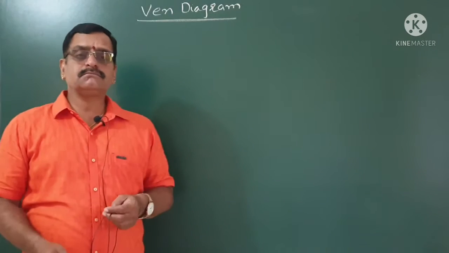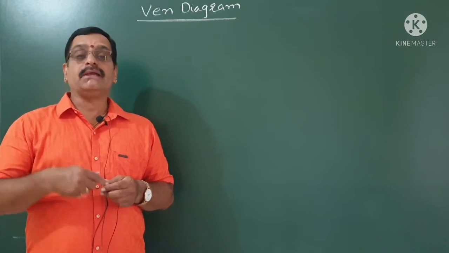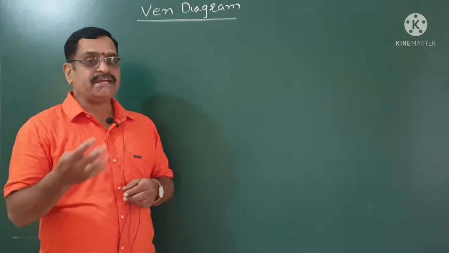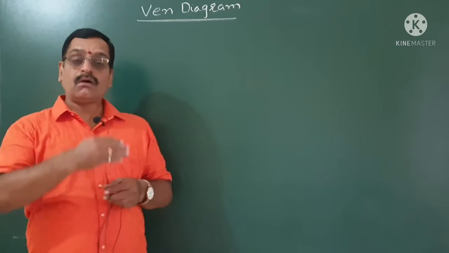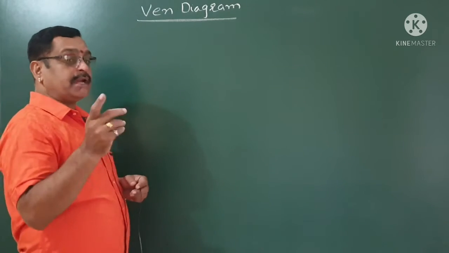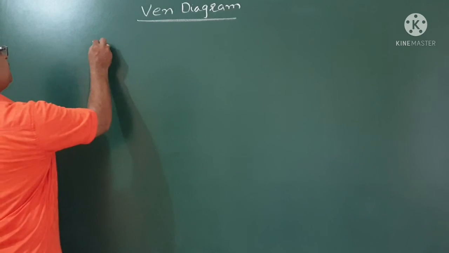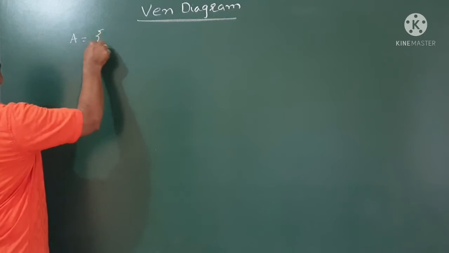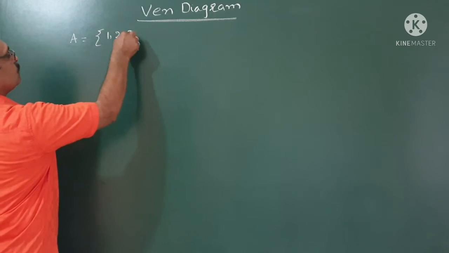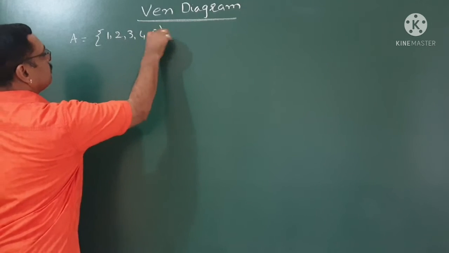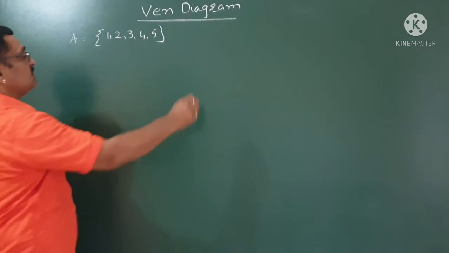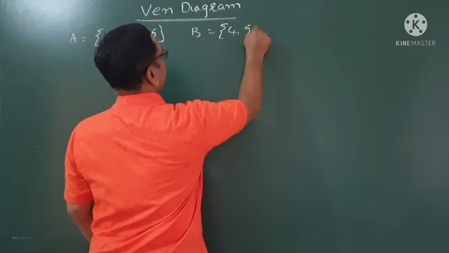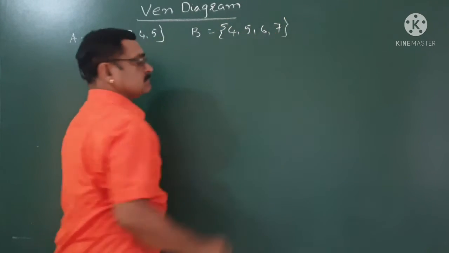Using Venn diagram, you can find A union B, A intersection B, A minus B, and B minus A. All the operations I will show you by taking an example. Let A is equal to 1, 2, 3, 4, 5, whereas B is equal to 4, 5, 6, 7.